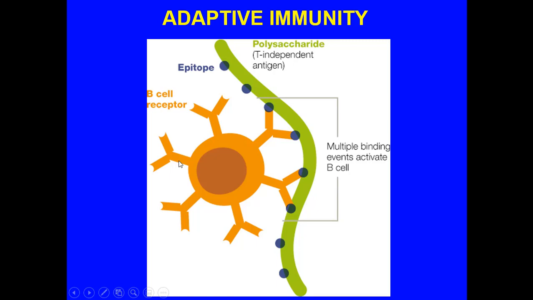But here's the deal. Because B cell receptors are going to be all around this B cell, if you have multiple contacts, multiple binding, here, here, here, here, what's going to happen? That is going to rev up and activate the B cell.